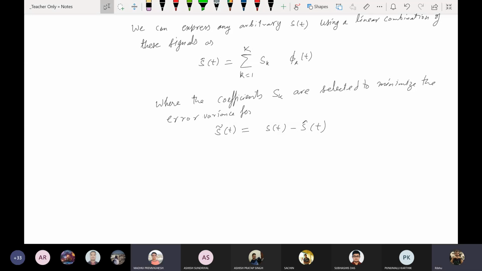Sir, there would be only one possible value of s(t), right? Yes, we are coming to that. So you want to minimize this error. If you want to express s(t) in terms of these phi_k's, you have to minimize this error.